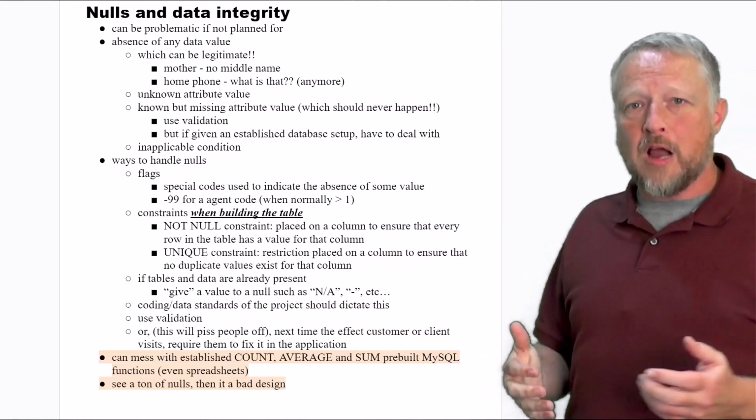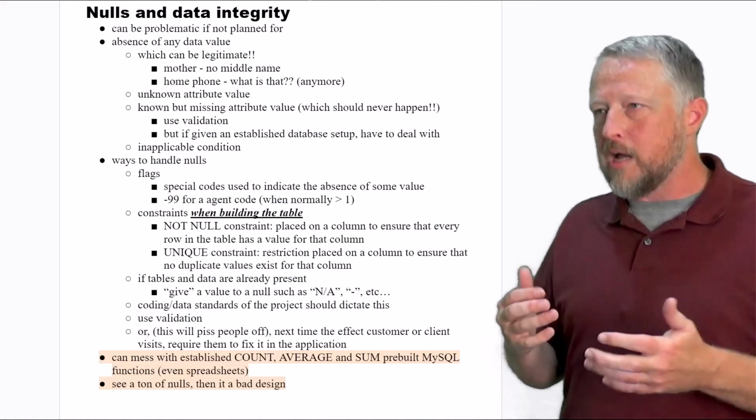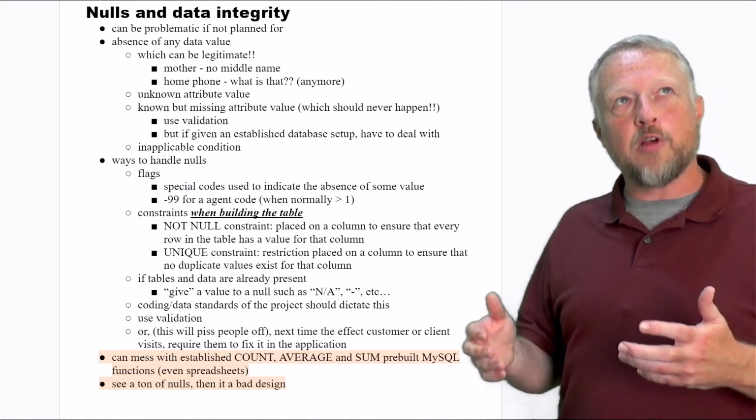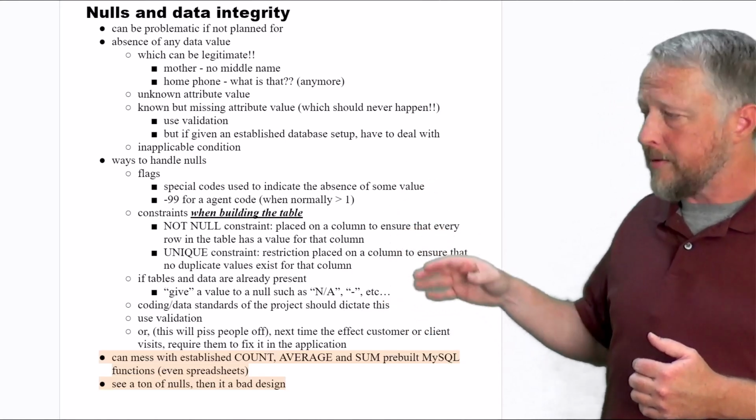There's many different options. In the application, the standardization that you have is going to tell you, but it's something that you need to talk about when you're doing databases. Okay?